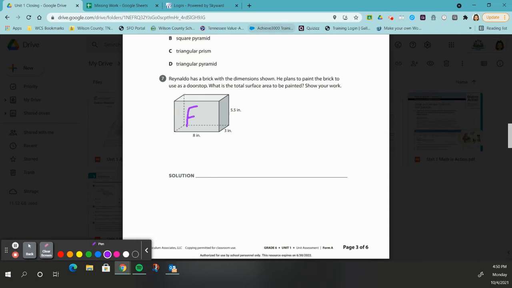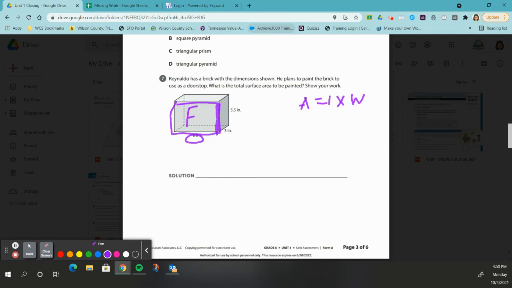And the area of a rectangle is length times width. In fact, all of the faces on this are going to be length times width for a rectangle because it is a rectangular prism.